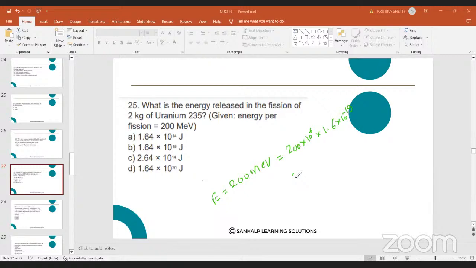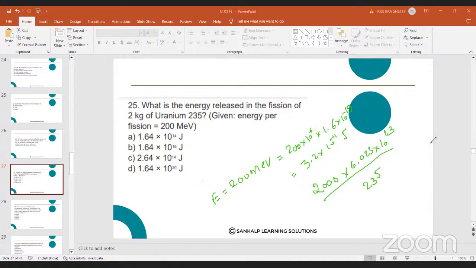So 2 kg is 2000 into the Avogadro number 6.023 into 10 raised to 23 divided by 235 for the uranium 235 nucleus. If you simplify, check what answer you are getting. Then the total energy released will be whatever answer you are getting multiplied by 3.2 into 10 raised to minus 11.